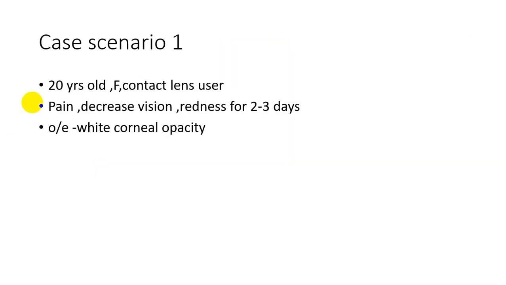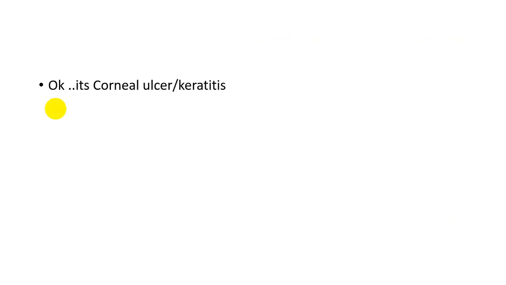Now case scenario. A 28 year old female, contact lens user, presents with pain, decreased vision, and redness for 2 to 3 days. On examination there is a white corneal opacity. Okay, this is corneal ulcer or keratitis.